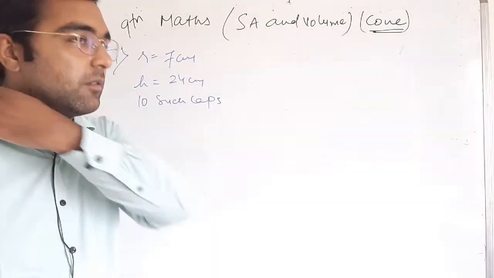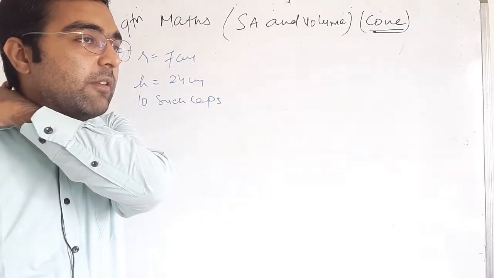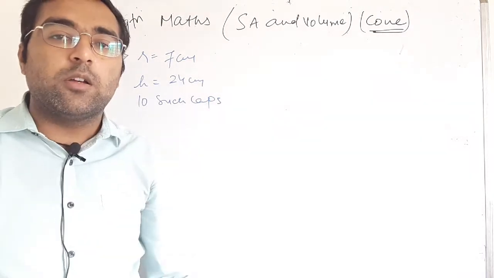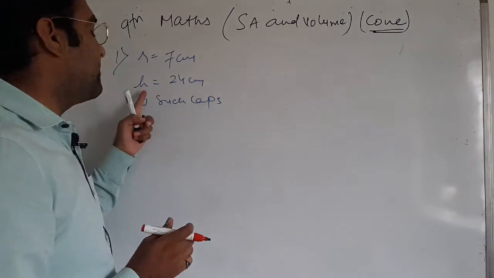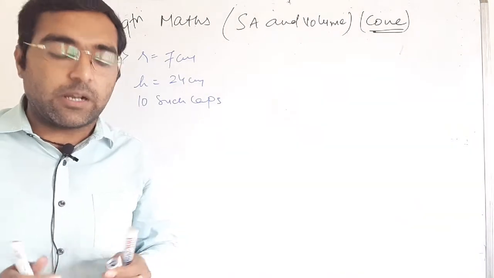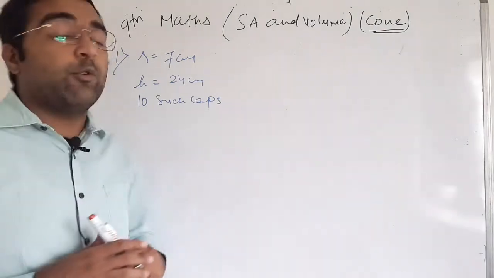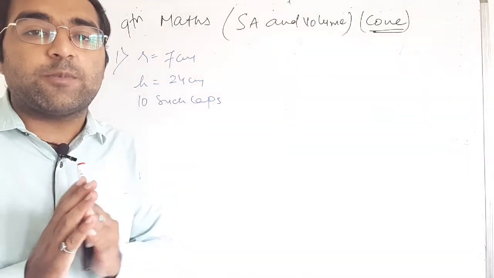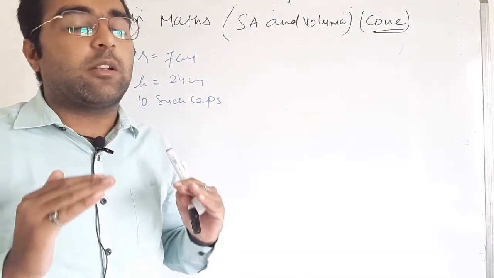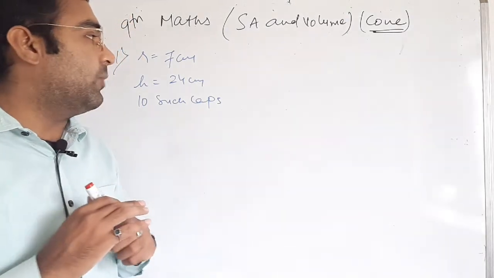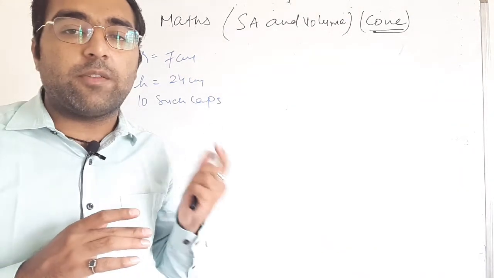Here the height that is given is not stated as vertical height or slant height, so we always take it as the vertical height. Now we have to make 10 such caps.